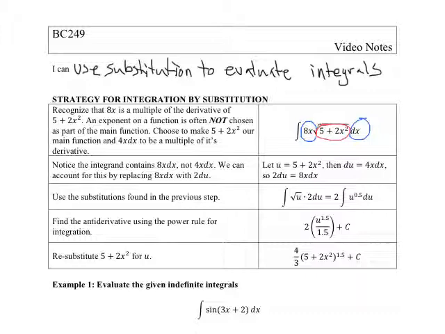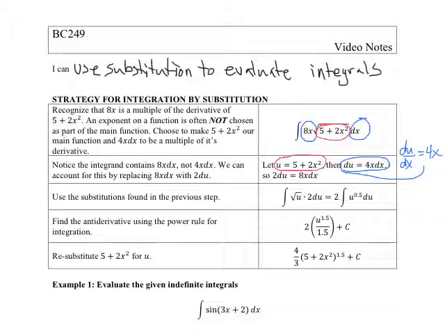So if we let 5 plus 2x squared be our u value, then the derivative of u with respect to x is 4x. Or you could say du dx equals 4x, and then from there you can write du equals 4x dx.